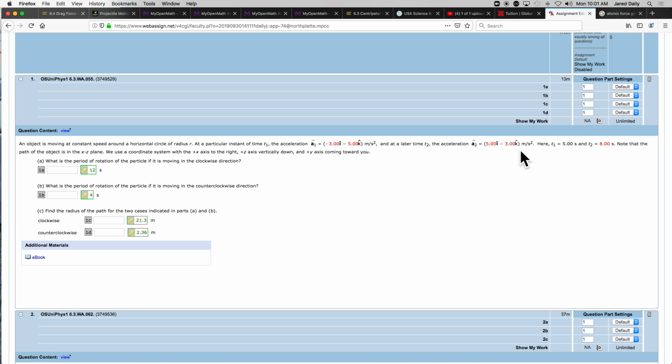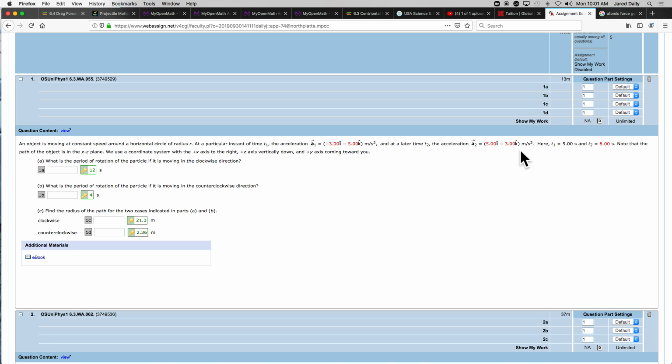So 1 1/4 periods is 1.25, and each period is 2 pi radians. It's 1 period plus a quarter period; 90 degrees is a quarter period. So 1.25 times 2 pi will tell you the total radians you go through.